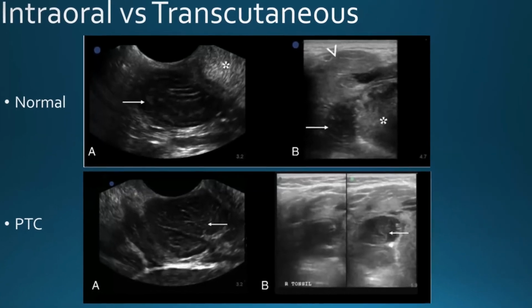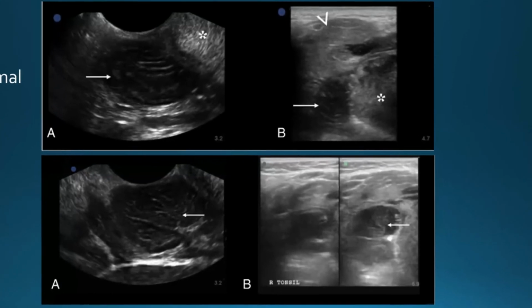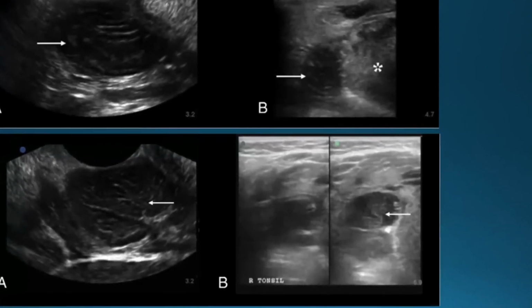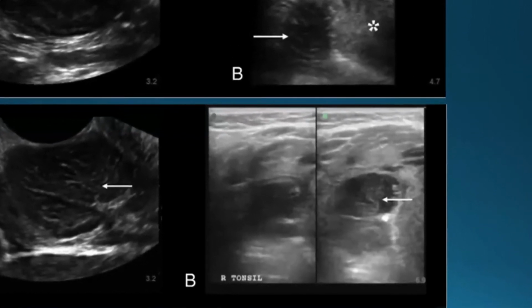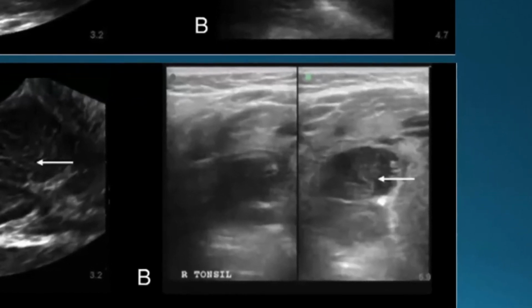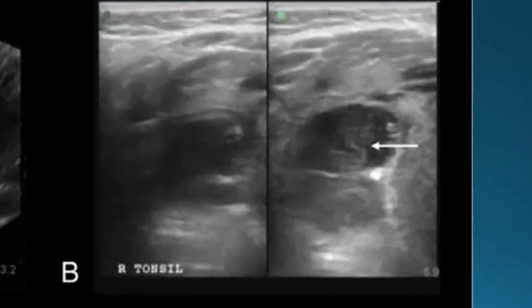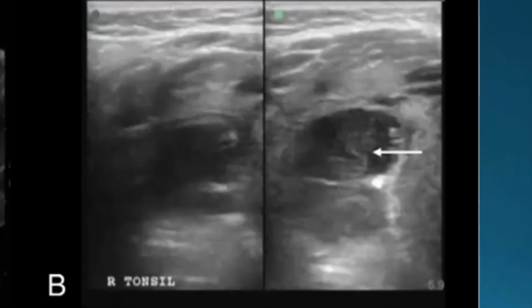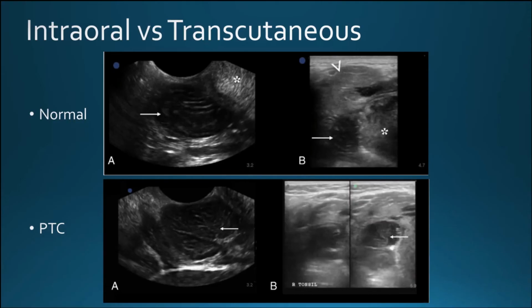Over here for the linear probe, this one is comparing a normal tonsil to a tonsil with cellulitis. As you can see, it's got a little bit of echo texture in here, a little striated in appearance. It can be a little difficult to tell if it's your first or second one, but with a little bit of practice, the identification is pretty easy afterwards.